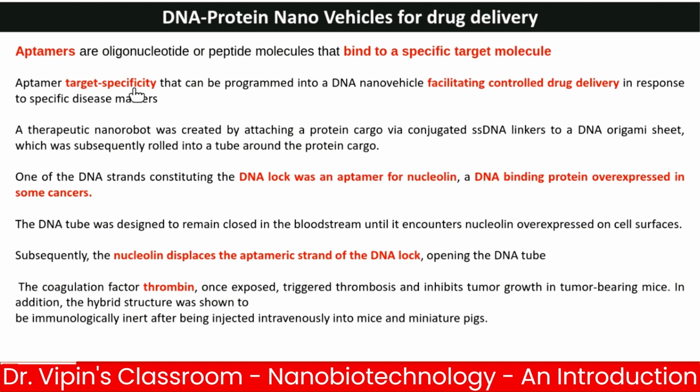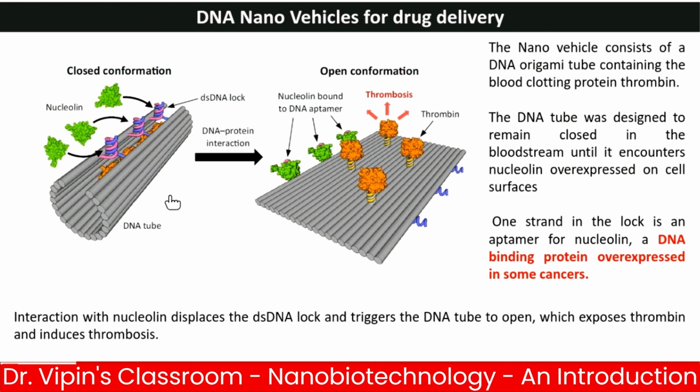Aptamer target specificity can be programmed into a DNA nanovehicle, facilitating controlled drug delivery in response to a specific disease marker. So if you have a DNA lock on your delivery vehicle, in which one of the strands is actually an aptamer, then unless the aptamer binds to its receptor, it will not open up, and therefore the drug will not be delivered. So you have a thrombin protein, and this thrombin protein is in the DNA sheet, and this DNA sheet is in a locked conformation because of the double-stranded DNA that is bound to it.